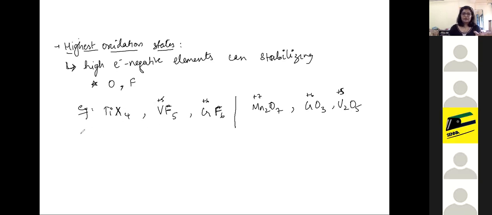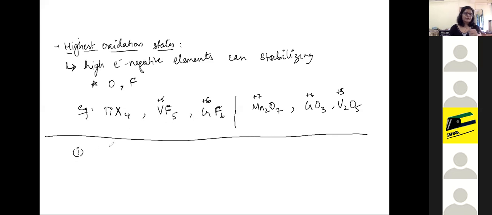First, we'll be looking at the halides. There are two reasons why fluorine can stabilize the high oxidation state. One is that when these metals form compounds with fluorine, those compounds have a very high lattice energy.